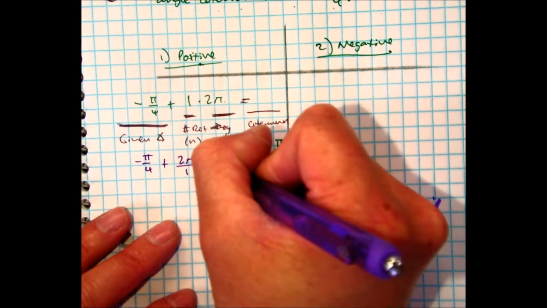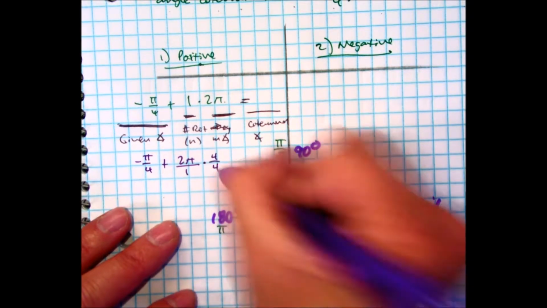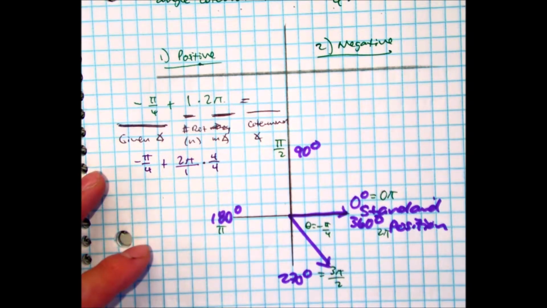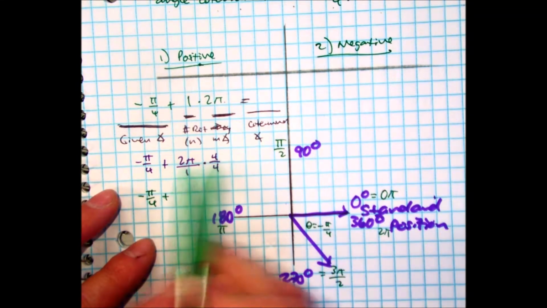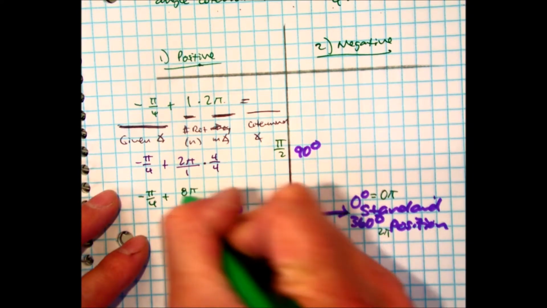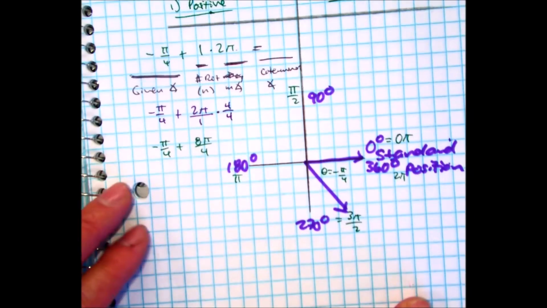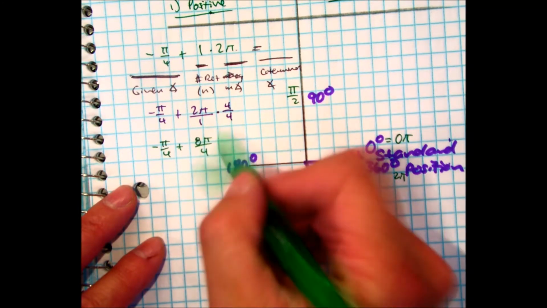And I'm going to multiply by what number? 4 over 4. So I have negative pi over 4 plus, this becomes what? 8 pi over 4. Then our answer is what?